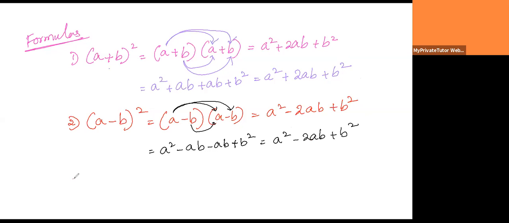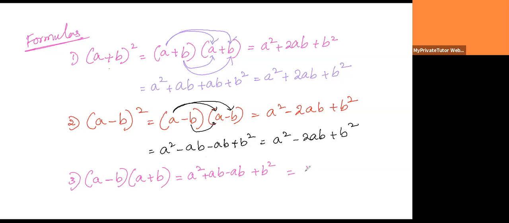So the last one, I hope you guys have heard of the difference of squares formula. What is a plus b times a minus b? Just expand this. We'll get a square minus ab plus ab minus b square.